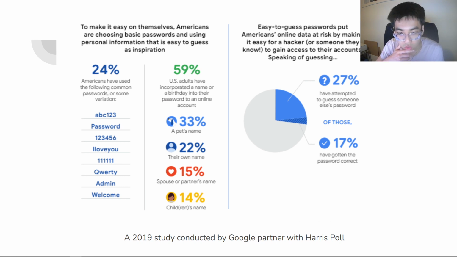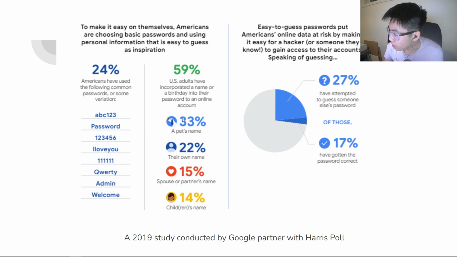Just FYI, in October 2019 Google partnered with Harris Poll to conduct this study. There is a total of 328.3 million US citizens, and if we do a little math here, it is exactly 193.637 million people, which is nearly 194 million people who include their name and birthday in their password.